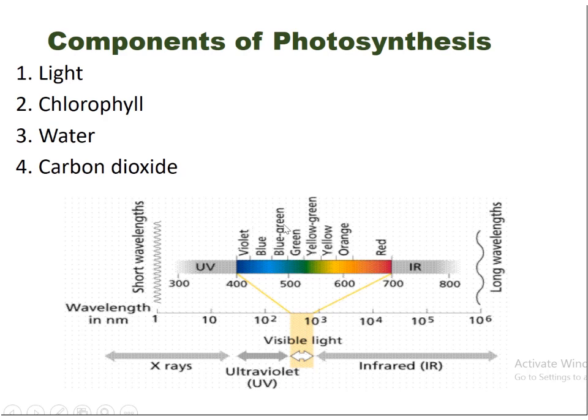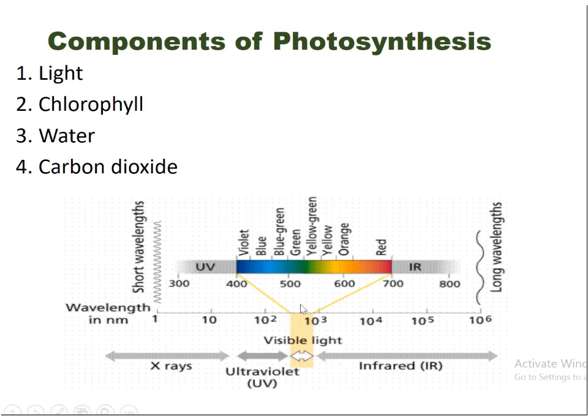Light is electromagnetic radiation within a certain portion of the electromagnetic spectrum. The interesting thing is the plant can use only the visible light of sunlight for photosynthesis.